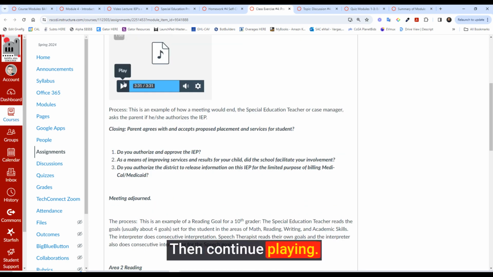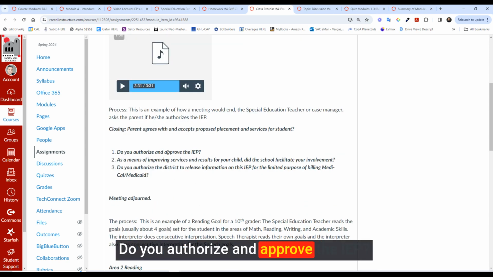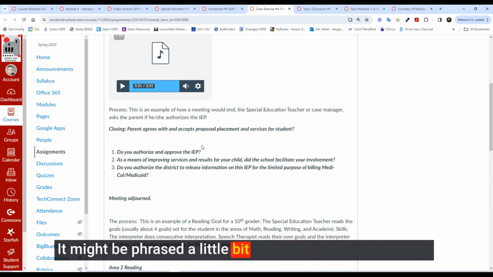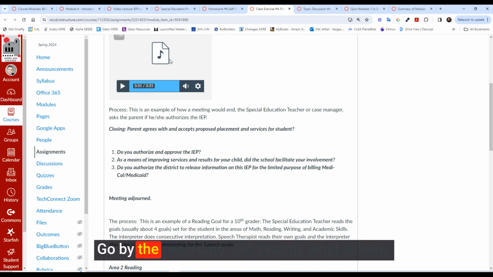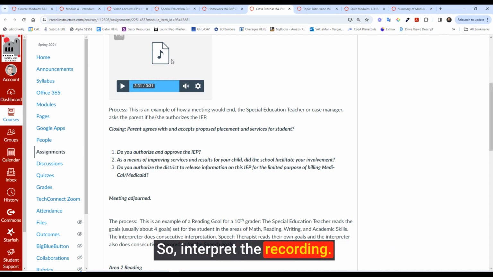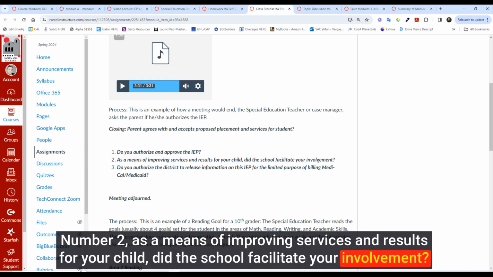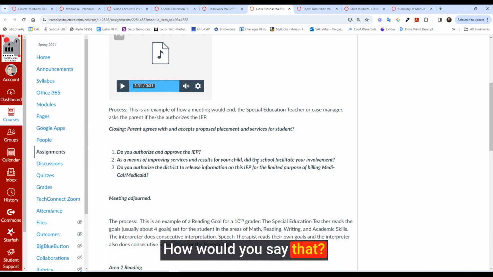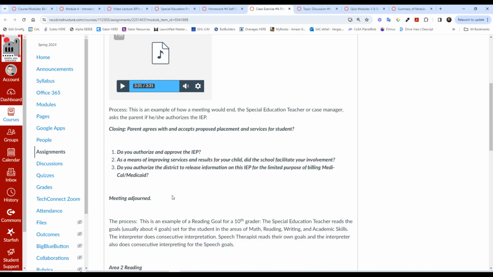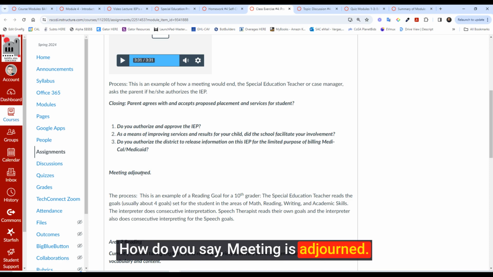Then continue playing. Do you authorize and approve the IEP? It might be phrased a little bit differently in the recording. Go by the recording, not exactly what is here. So interpret the recording. Number 2, as a means of improving services and results for your child, did the school facilitate your involvement? How would you say that? Pause and interpret. Number 3, how do you say meeting is adjourned?